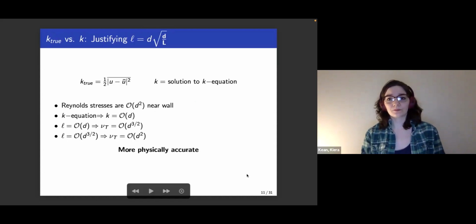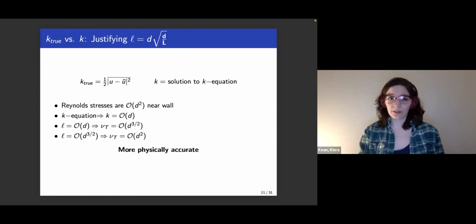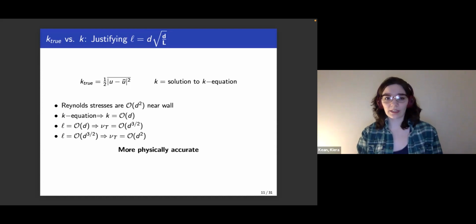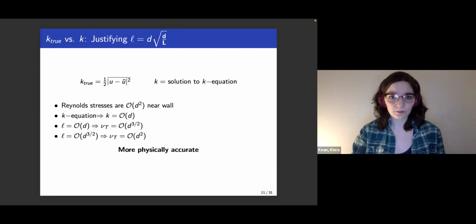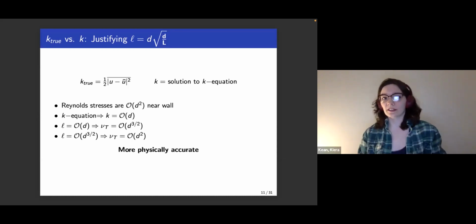So to get into that further, we have K true, which is the true kinetic energy in the fluctuations, which we do not know, of course. But what we have is K, the solution to the K equation, and they're not equal.